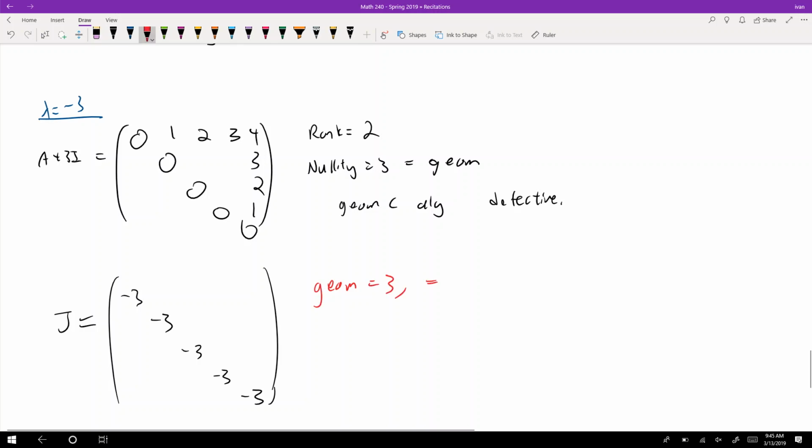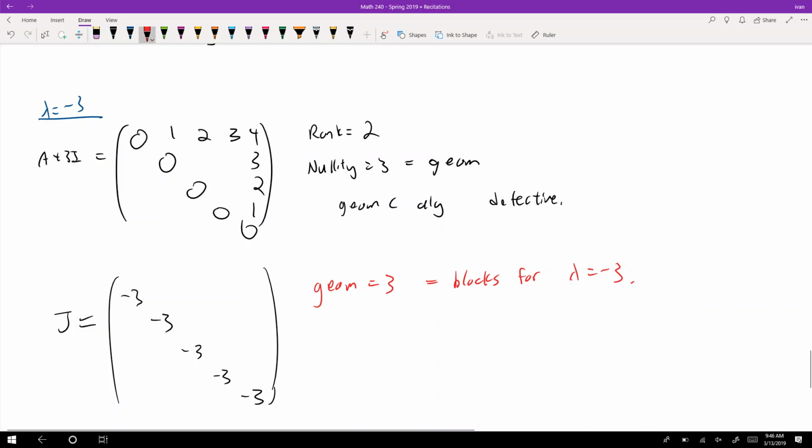That's equal to the number of blocks for lambda equals -3, right? So I have 3 Jordan blocks corresponding to lambda equals -3. And that, again, comes from the geometric multiplicity, which is the nullity.